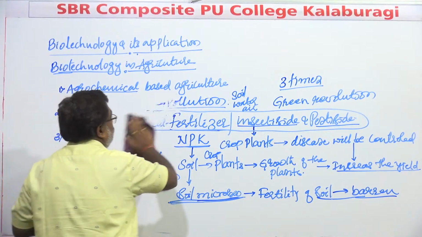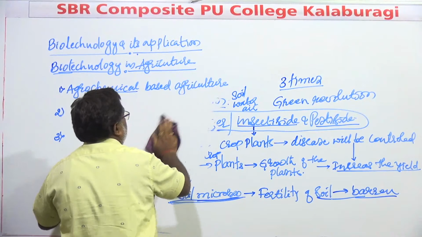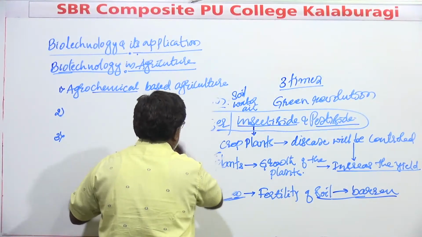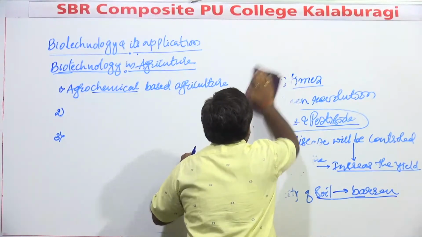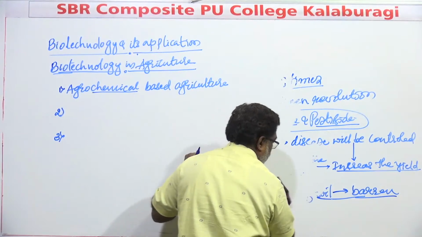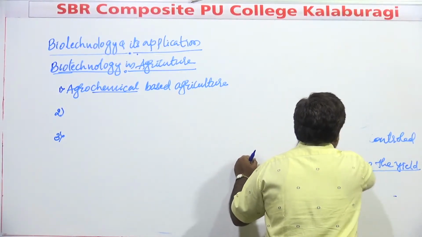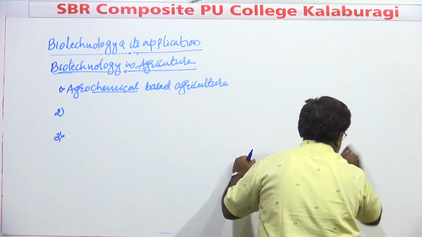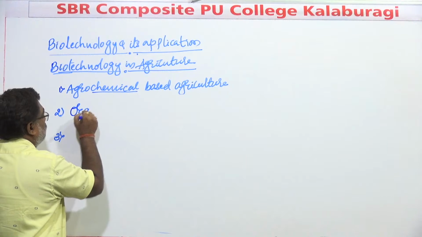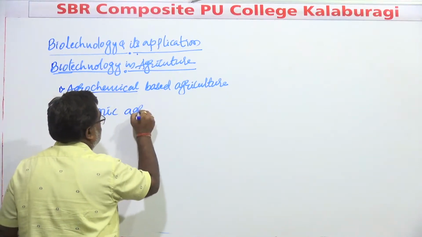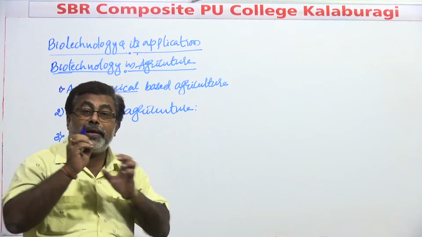The next one is called organic agriculture.